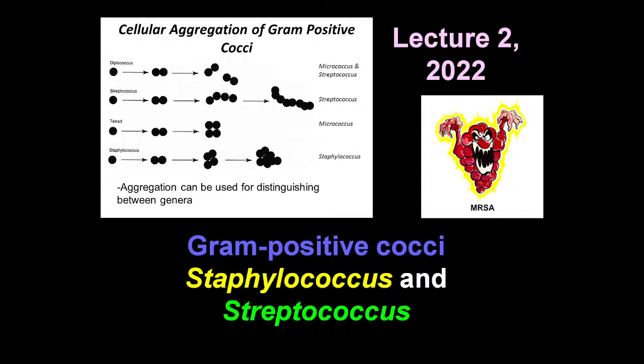Guys, good morning or good afternoon. And today you are going to see the lecture on the gram-positive cocci. That is a really very large group of bacteria. And they are not all equally of medical importance, but the most important are, as you see here, Staphylococci and Streptococci.